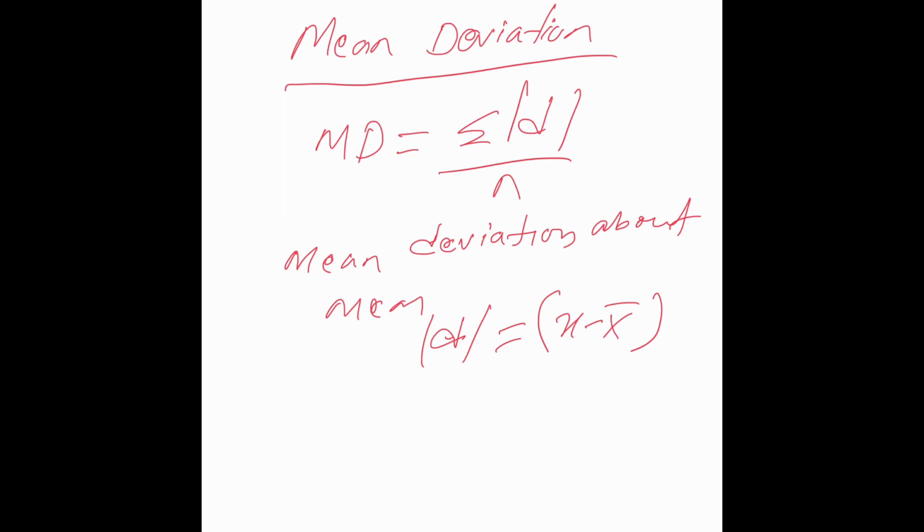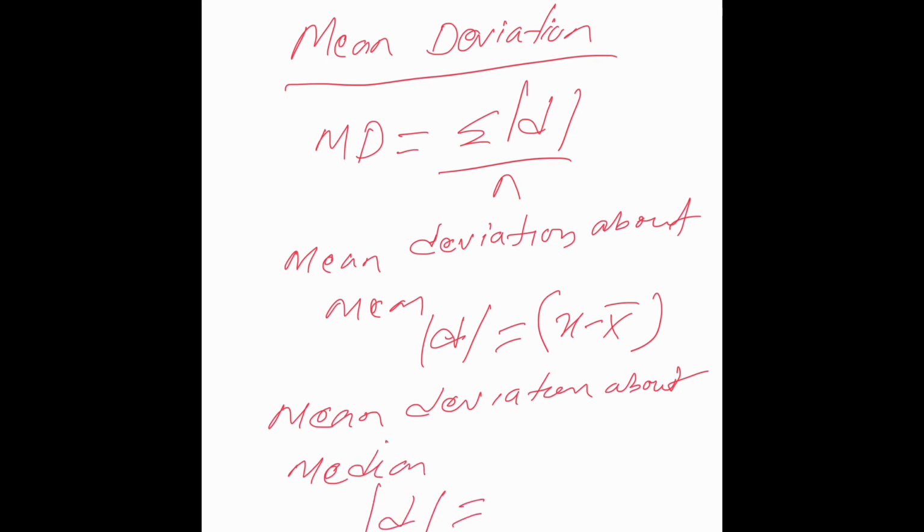Okay, when you are asked to find mean deviation about mean, sometimes they ask you to find mean deviation about median also. At that time, the same d modulus you have to find like x minus median.